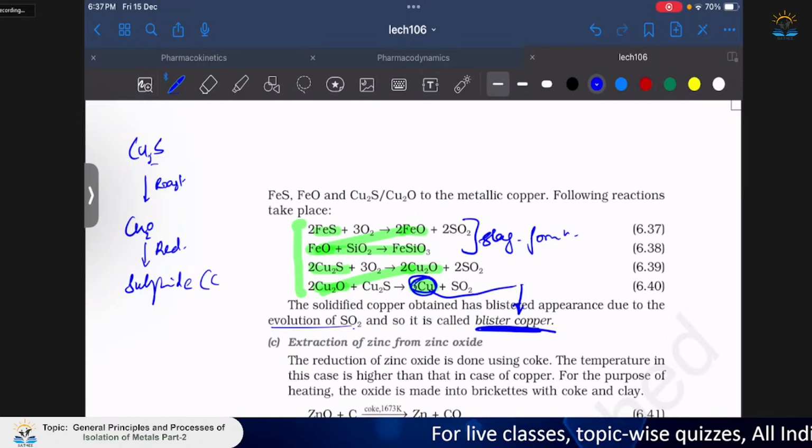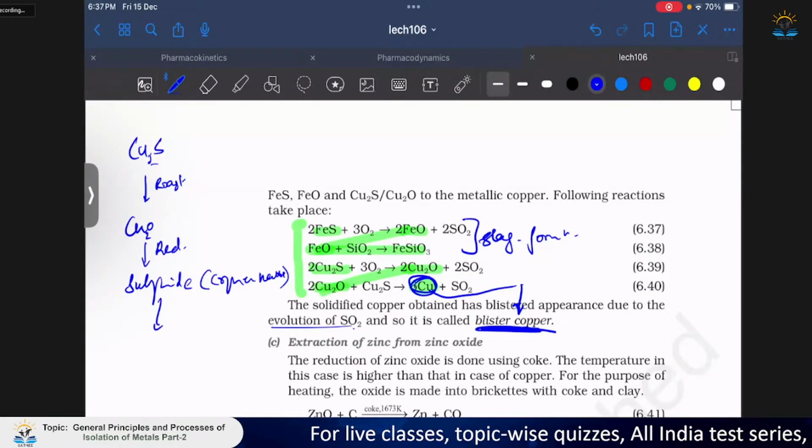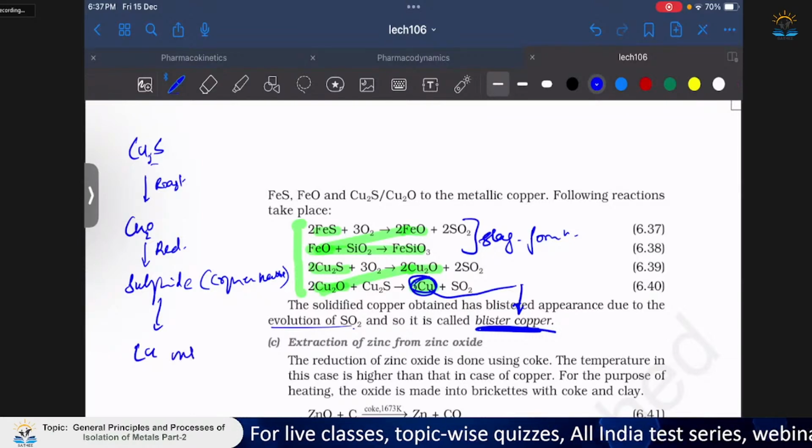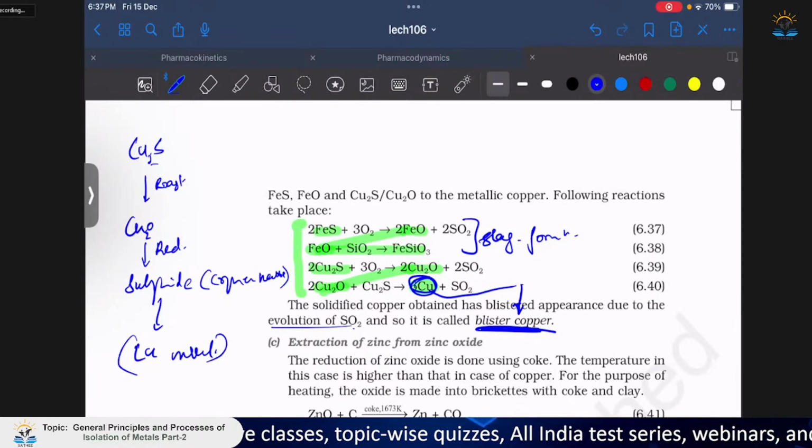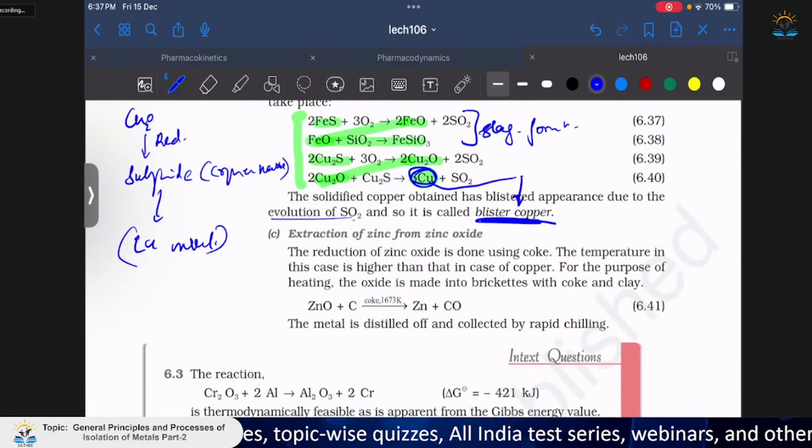What is this? This is called copper matte, then again convert it into copper metal. So yeah, these are the steps for copper. Copper clear?